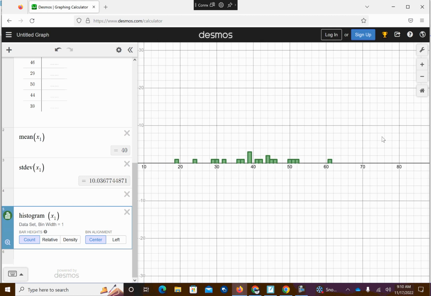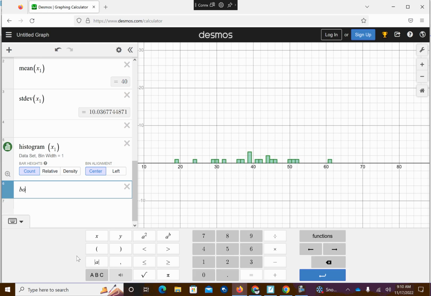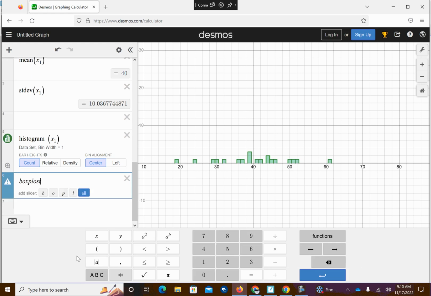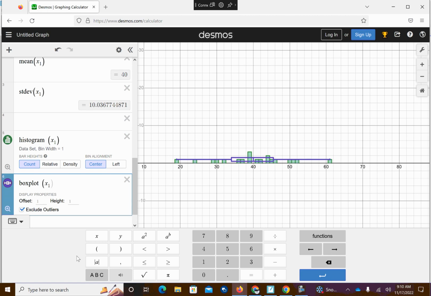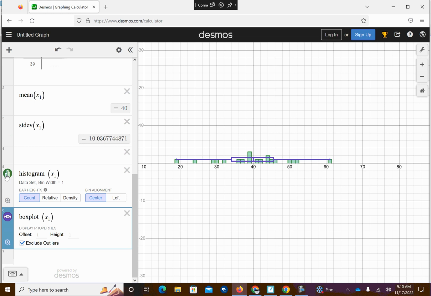And that's basically what our histogram is. Okay, the histogram might look good. We might want to say box plot of x1. And so let's turn this one off. So the box plot, it appears it is relatively normal.